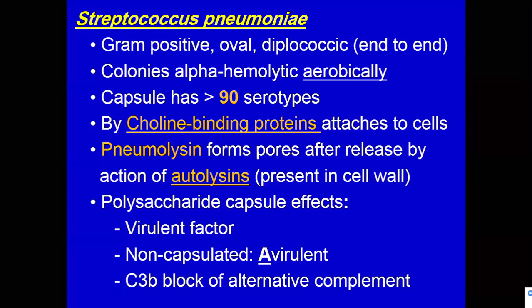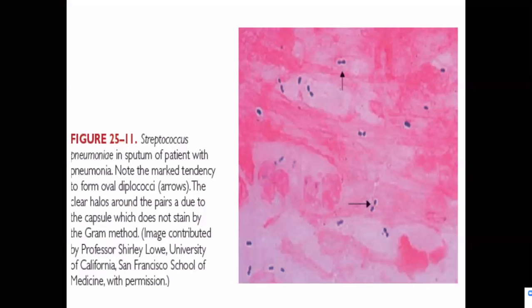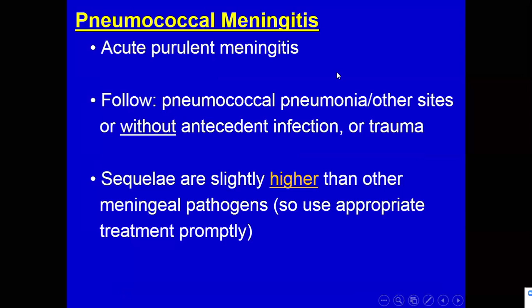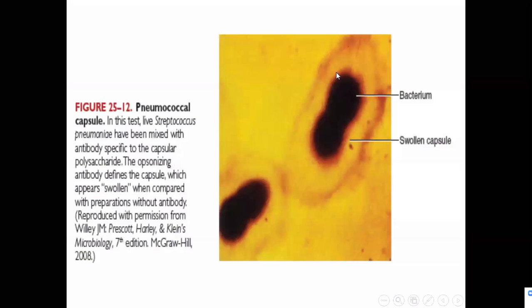Only the capsulated are pathogenic, and you have seen it in the Gram stain: the halo around the microorganism is the capsule, and in the Quellung reaction, this is the bacterium and this is the swollen capsule.